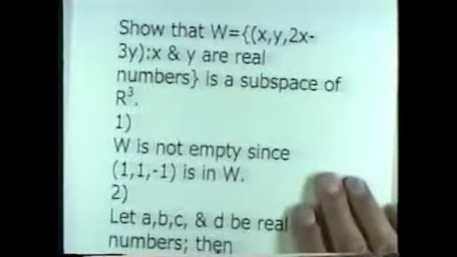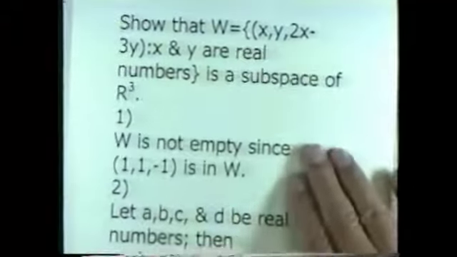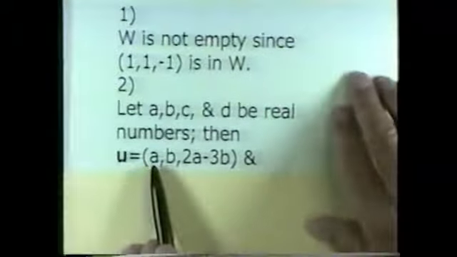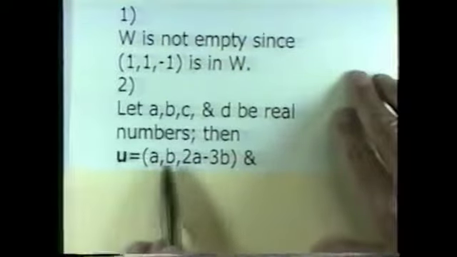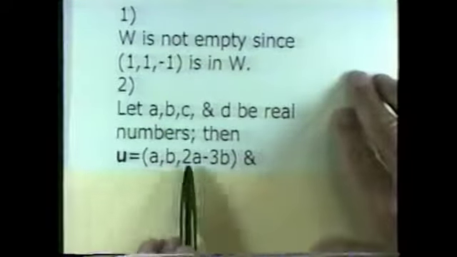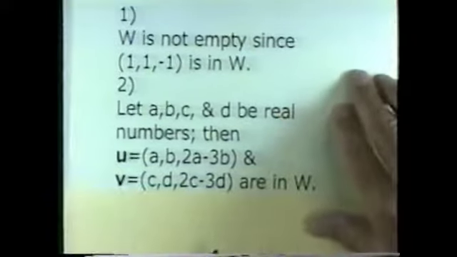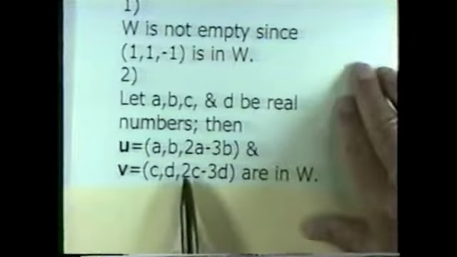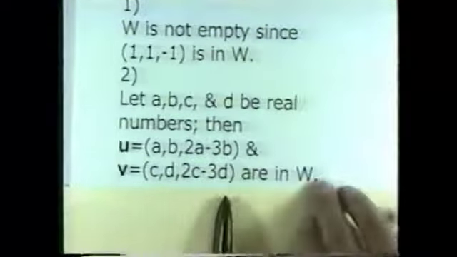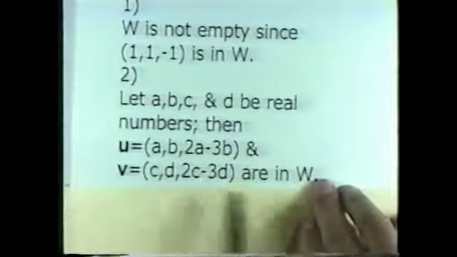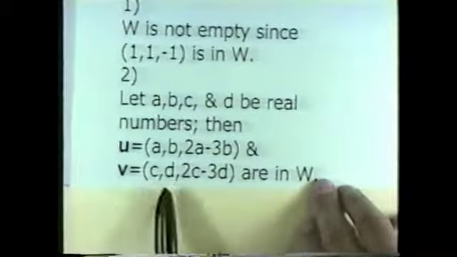See, this satisfies the pattern (x, y, 2x minus 3y). And we'll define v to be (c, d, 2c minus 3d). So u and v are both obviously in W because they satisfy the pattern.